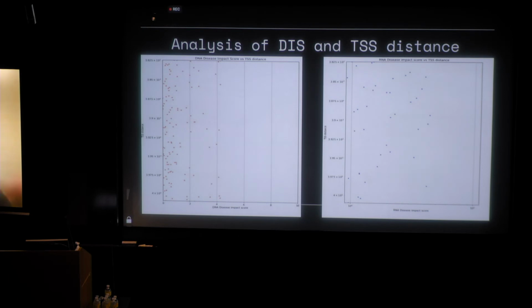So from there, I looked at the analysis of the disease impact score and the TSS distance for both DNA and RNA. And from here, you can see that even as the TSS distance increases, the disease impact score doesn't increase as much. So there's no positive or negative correlation to see. The same thing is true for the RNA disease impact score.